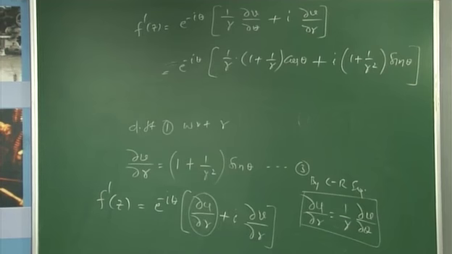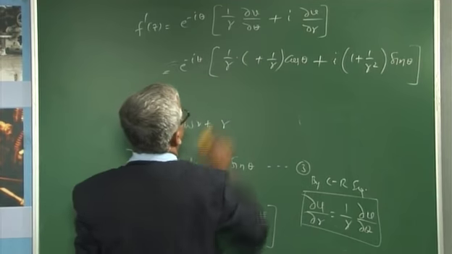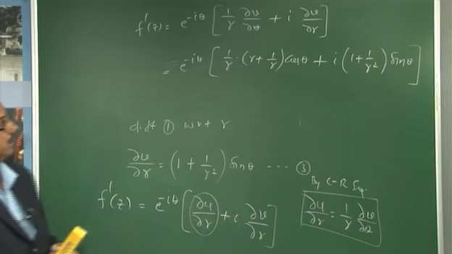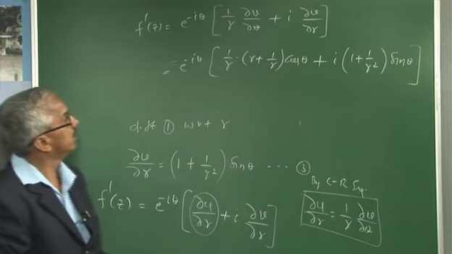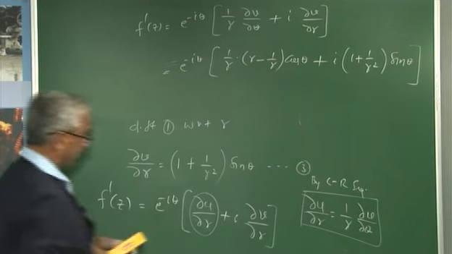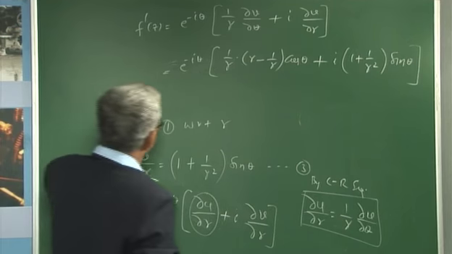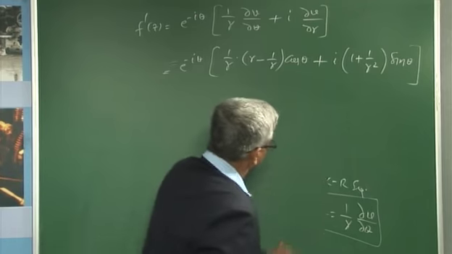That is, ∂v/∂theta is (r plus 1/r) cos theta, because sin theta will become cos theta. Then ∂v/∂r is (r minus 1/r) cos theta, if I am right. Differentiation of this gives this one.